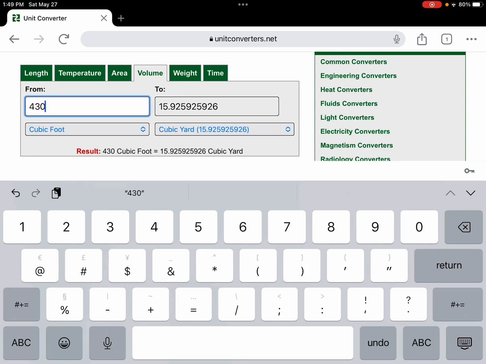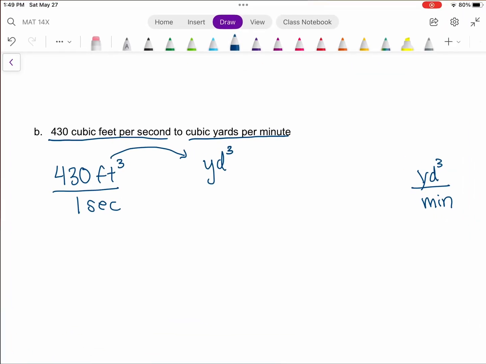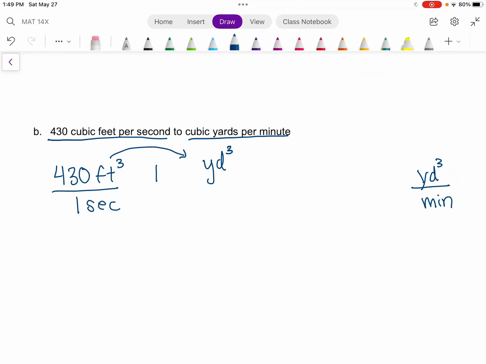And so I'm told 430 cubic feet is about 15.925 cubic yards. Okay, I'm good with that.